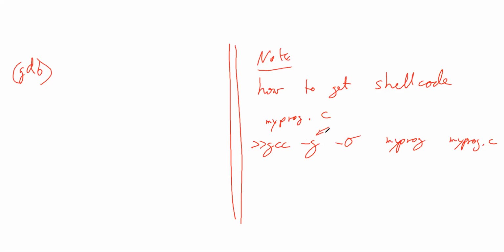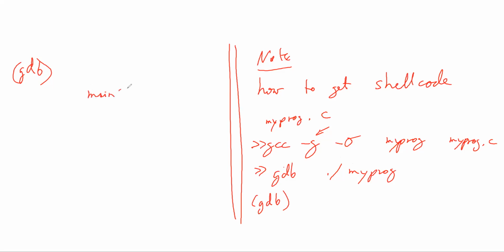Remember the -g flag is so that you can use GDB. Now you start the program with gdb ./myprog, and you're now in GDB itself. Imagine that myprog.c has a main.